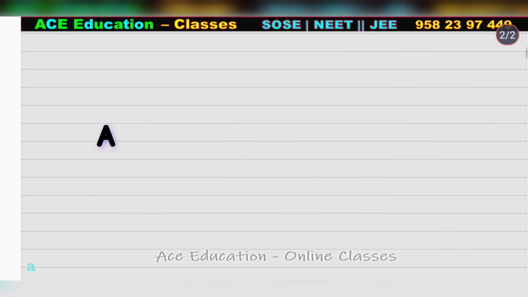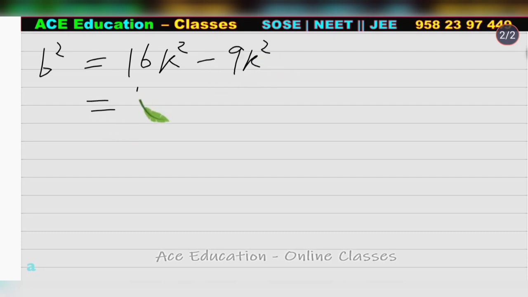Now we can open the brackets and get b square equal to 16k square minus 9k square. Now we can take k square as a common factor, and in the bracket we can write 16 minus 9.